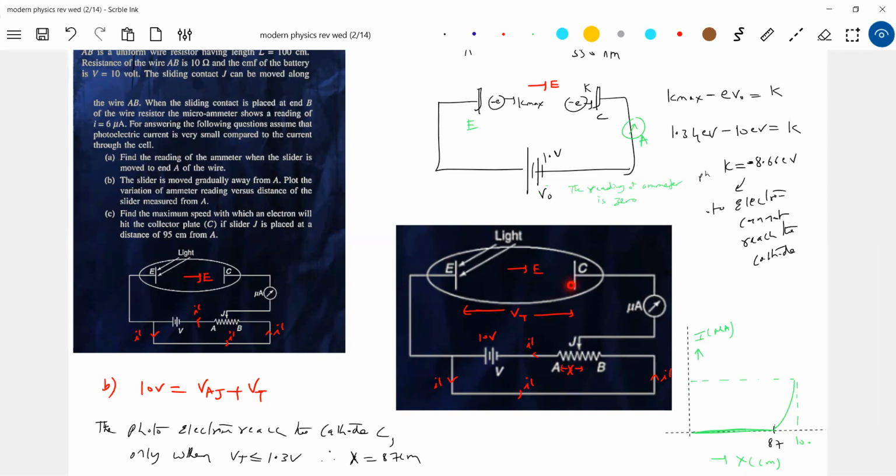Sir, how can you say that dy by dx is greater than 0? The slope is always increasing. The amount of electrons striking will increase, no? So current will increase, sir.